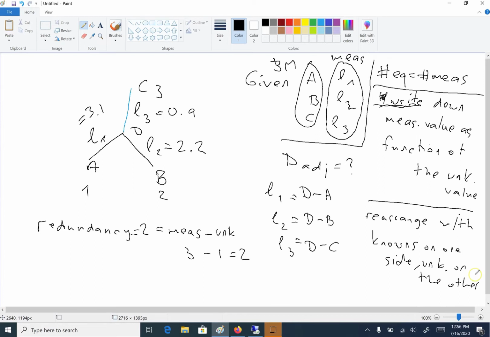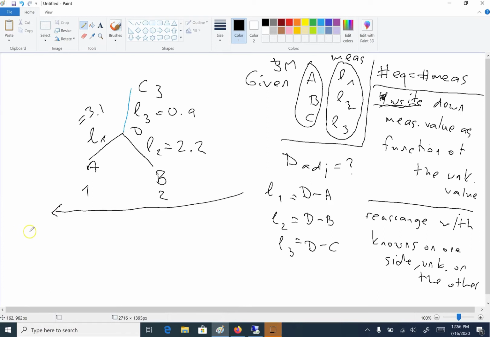So we're going to have to rearrange this so that our known values are on one side and the unknowns are on the other side. So let's rearrange these three equations.